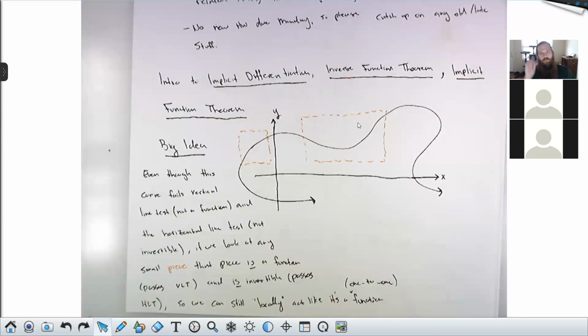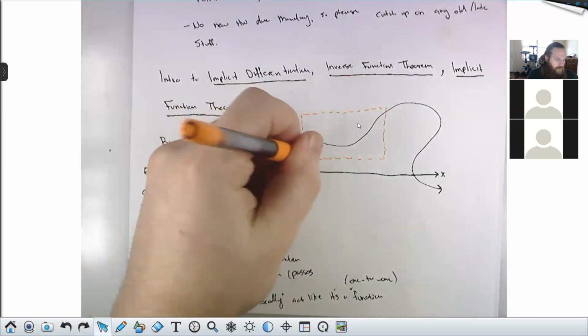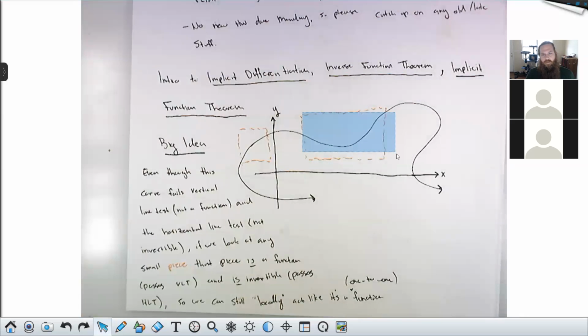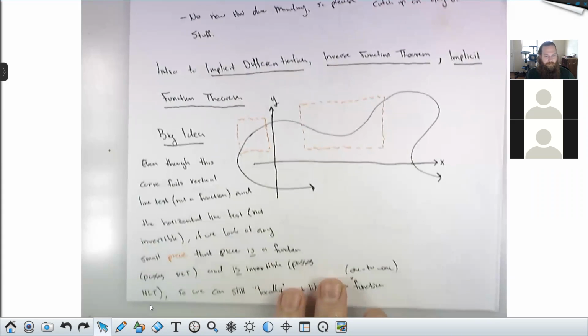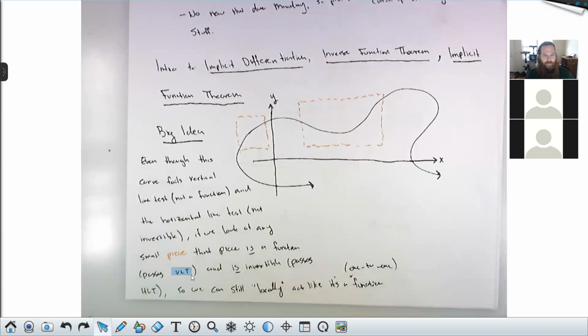If I pay attention just to what's inside the little window, if I pretend like everything else isn't there, then this definitely does pass the vertical line test. If I just look at this piece, this passes both the vertical and horizontal line tests. If we look at any small piece, then that piece is a function, passes VLT, and is invertible, passes HLT. So VLT is vertical line test, HLT is horizontal line test.